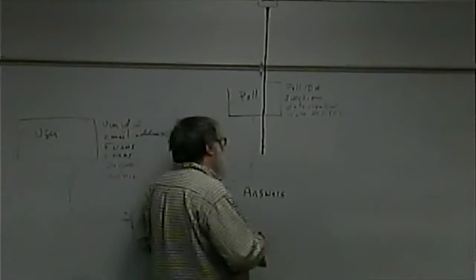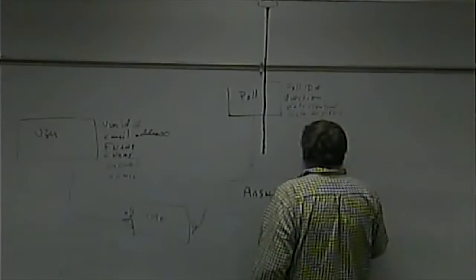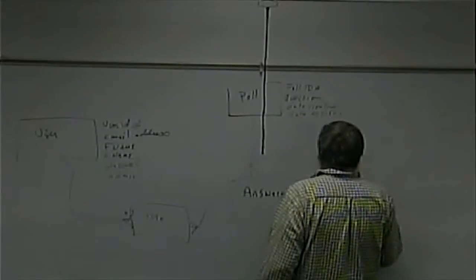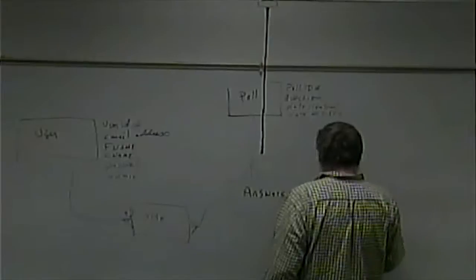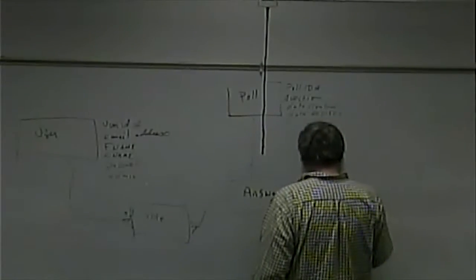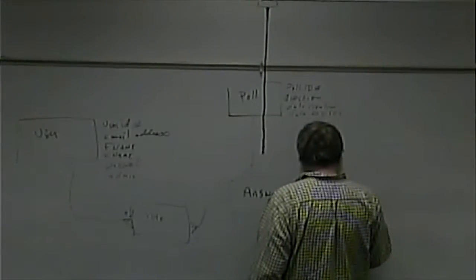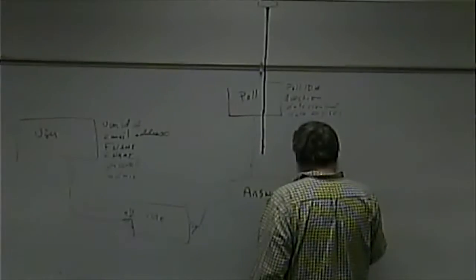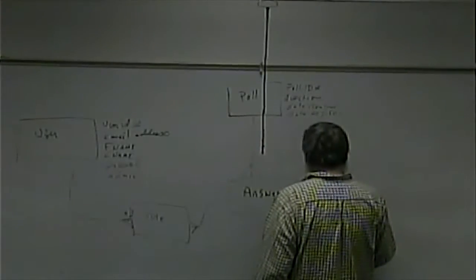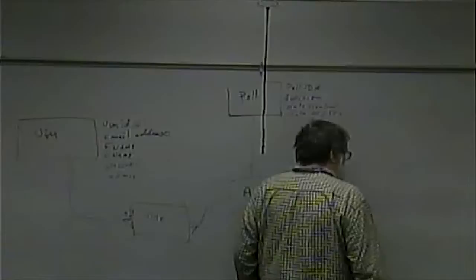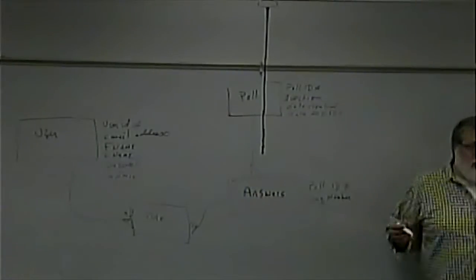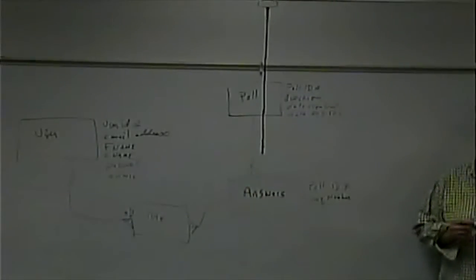This table would have a compound primary key now, consisting of poll ID and a sequence number. Sequence number is simply 1, 2, 3, 4, and so on.